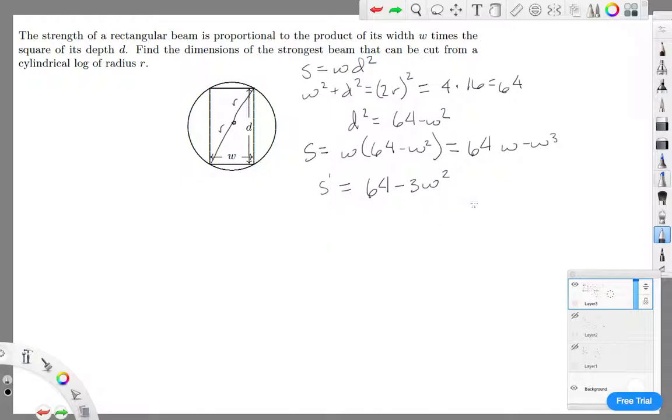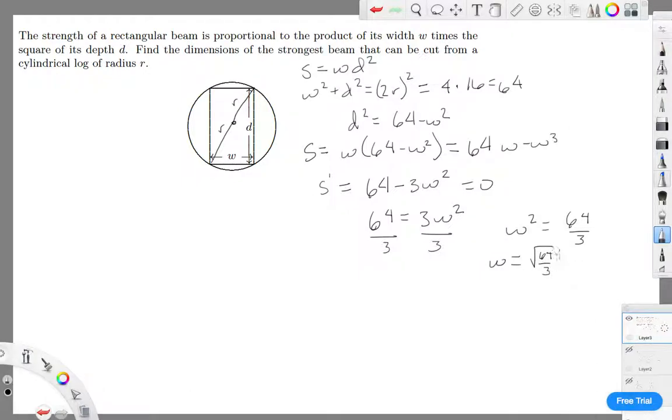Solve for W by setting it equal to 0. Alright, so we get 64 is equal to 3W squared. We'll divide by 3 on both sides. We get W squared is equal to 64 over 3. And then to find W, we're going to take the square root, 64 over 3, or 8 over root 3.